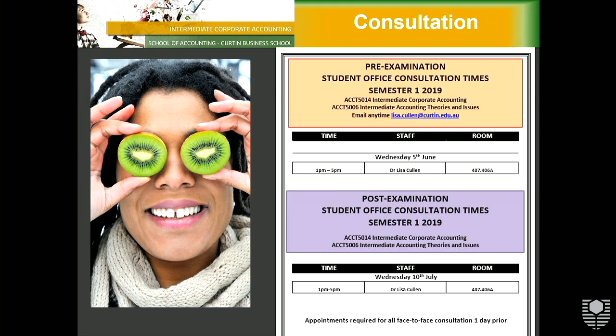So my exam consultation, I only put up official consultation. We're only required to do 4 hours during our study week, so I've got 4 hours. I'll pretty much be here all day on the Wednesday, about 10 till 5. You can email me anytime. If you want me to call you back, just leave your phone number and I can give you a call back.